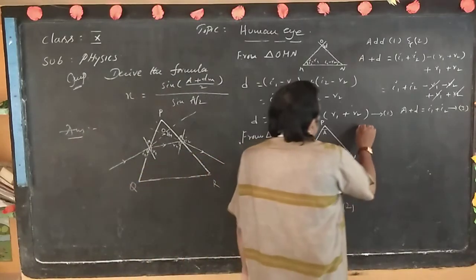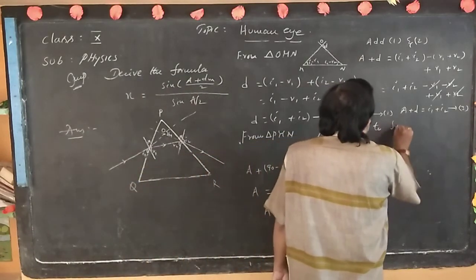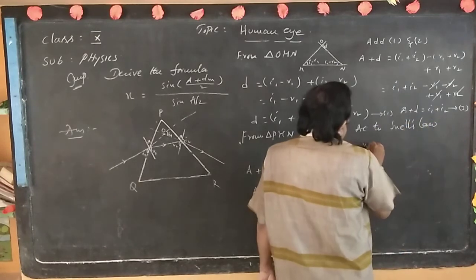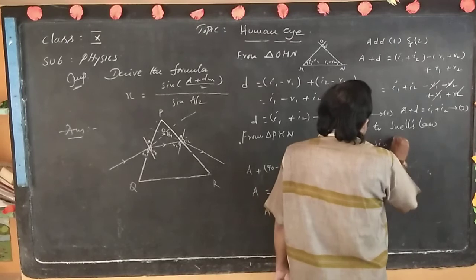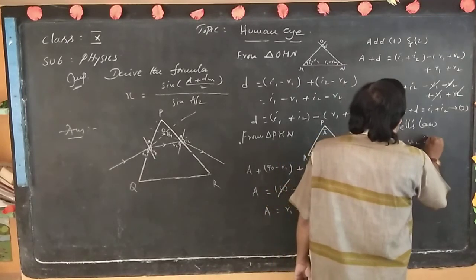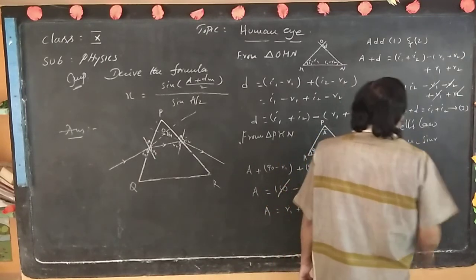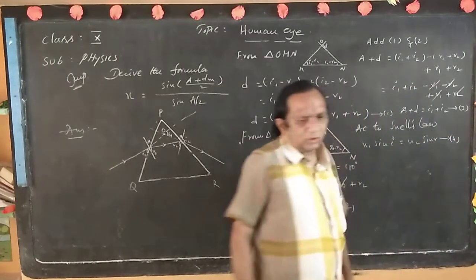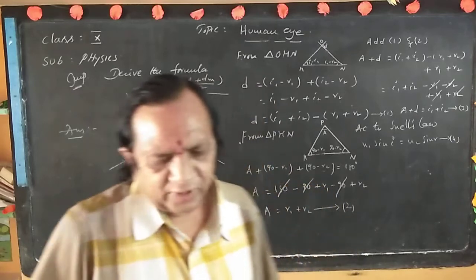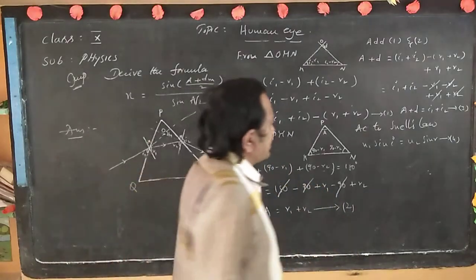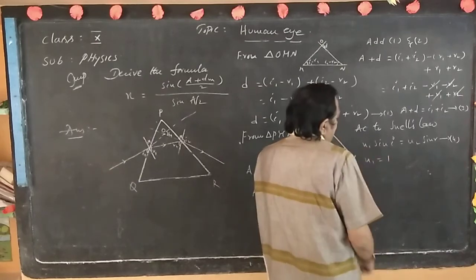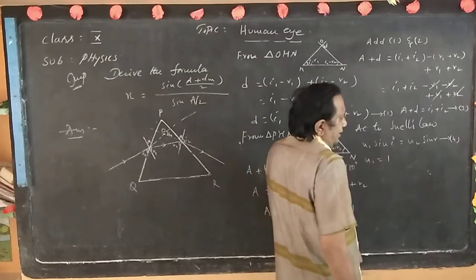Now according to Snell's law, what is Snell's law? N1 sin I is equal to N2 sin R. That is equation number 4. In this case, N1, air, its value will be 1.